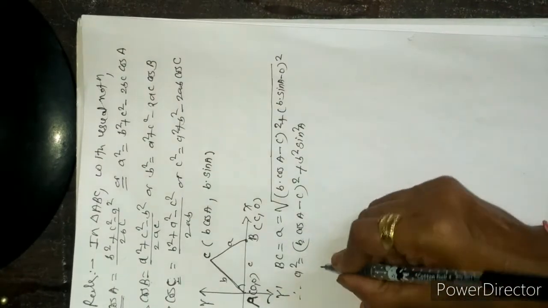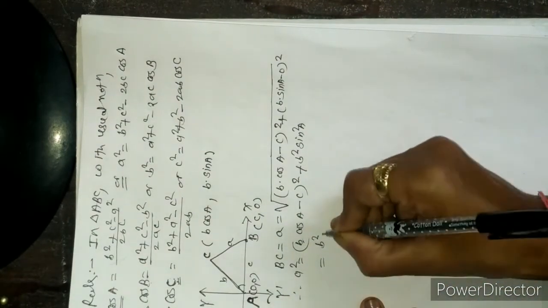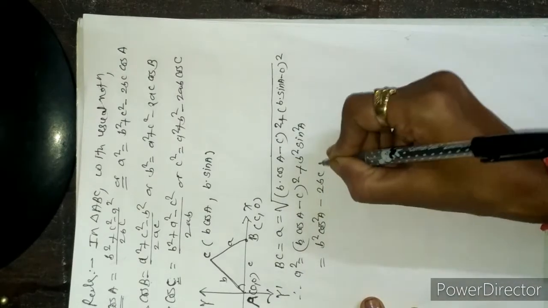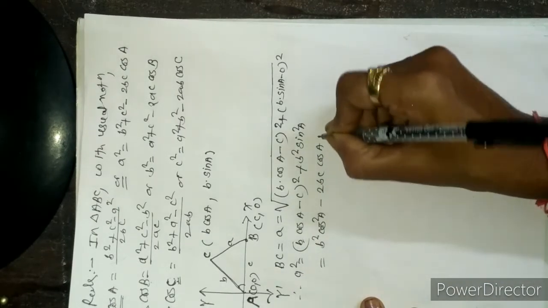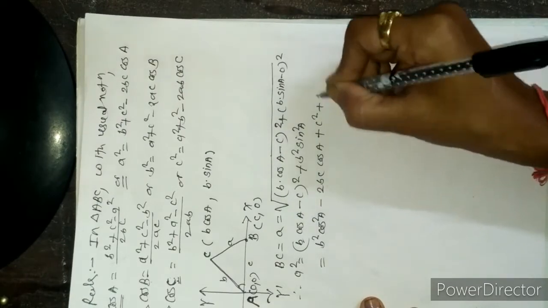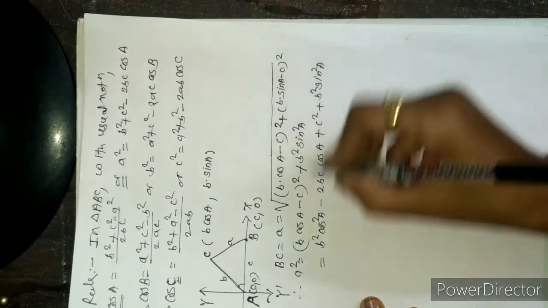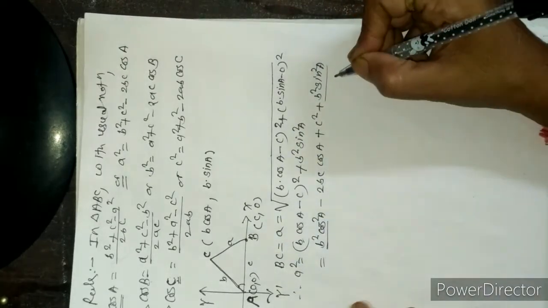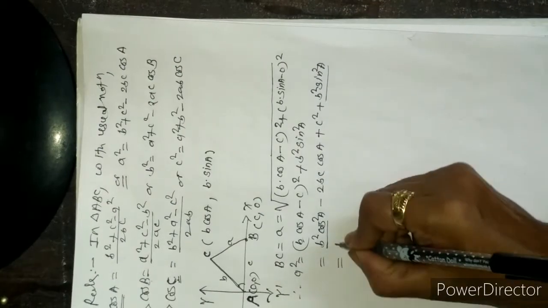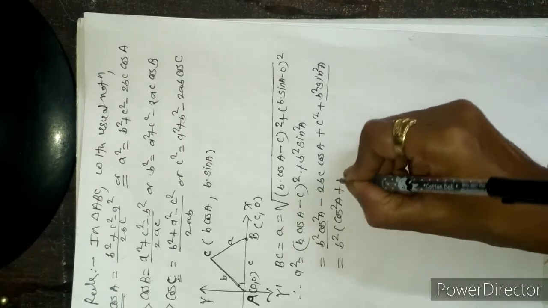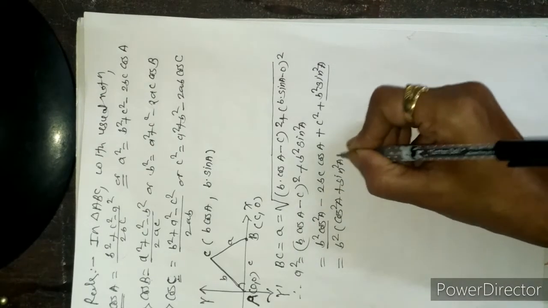Now expansion of this: B square cos square A minus 2BC cos A plus C square, and the next term is B square sin square A. Now adding the first and last terms by taking B square common, we get B square into bracket (cos square A plus sin square A).